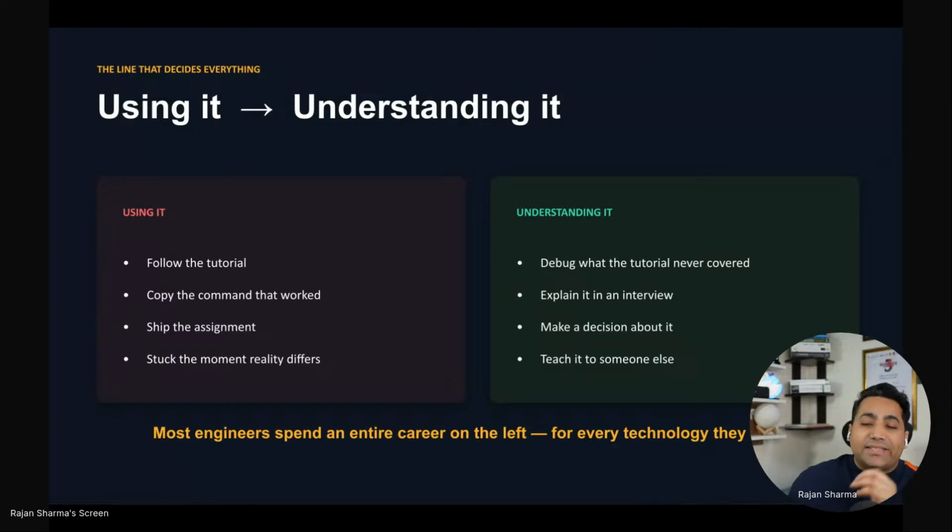So that is exactly what we are going to discuss in detail today. By the end of today's call, you will have two things. First, an honest understanding of why you feel permanently behind. And I promise you, it's not intelligence. Second, a simple repeatable process.